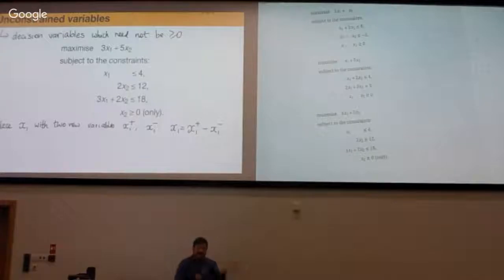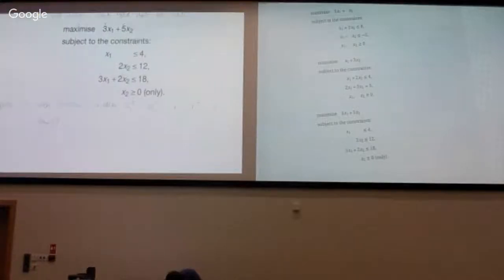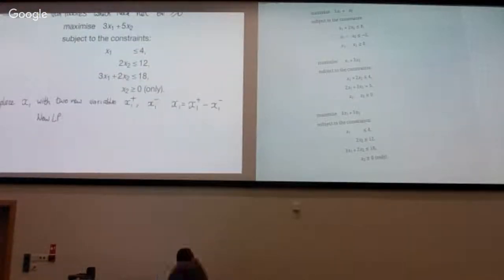So then the new LP would be to maximize 3x1 plus minus 3x1 minus, plus 5x2. x2 is non-negative, so we don't do anything with it.